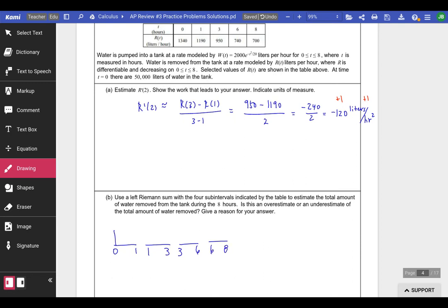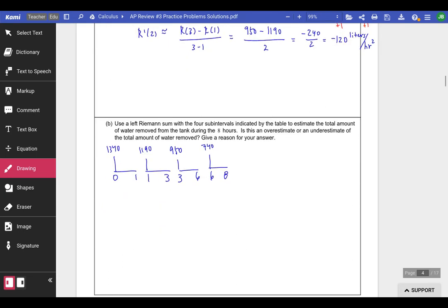And then so left here, I'm going to put in all my left endpoints. So to set this up, I've got 1 times 1340 plus 2 times 1190 plus 3 times 950 plus 2 times 740.